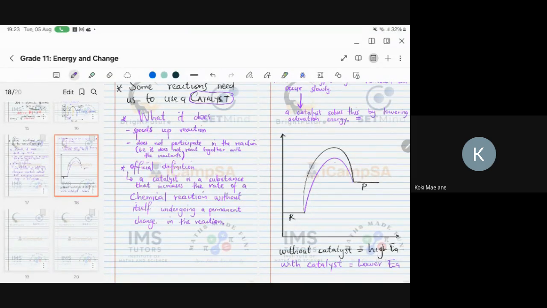Remember what we said? We said EA means activation energy. I'll write it here so that you don't forget. That's basically what it means.